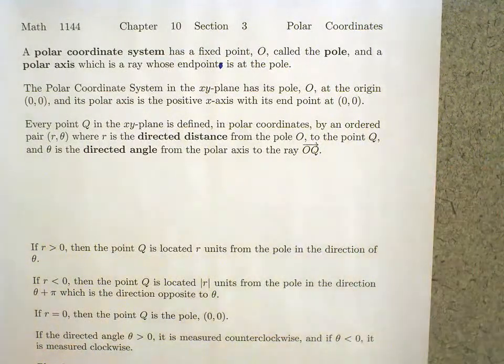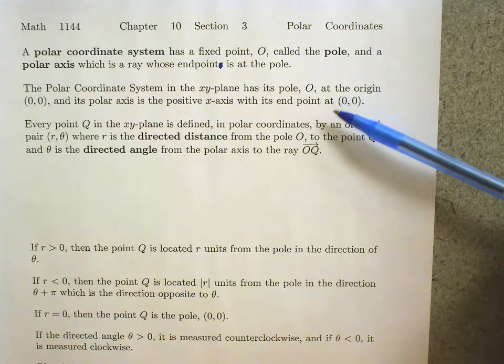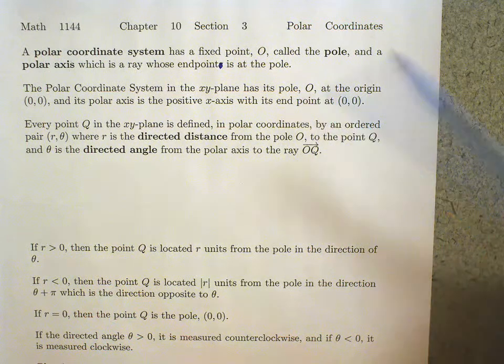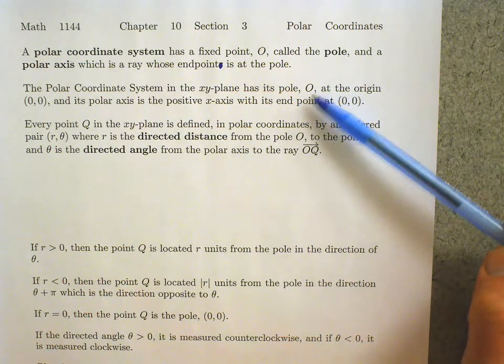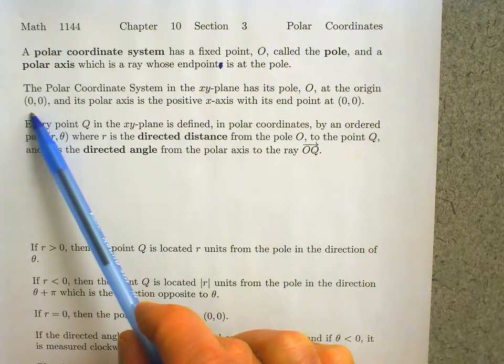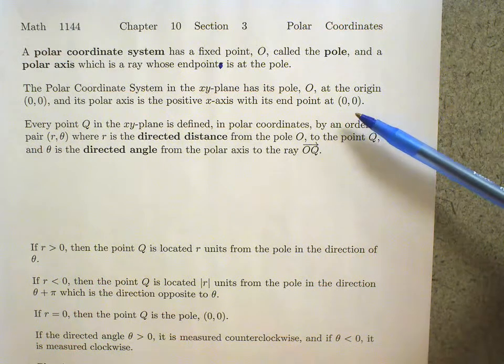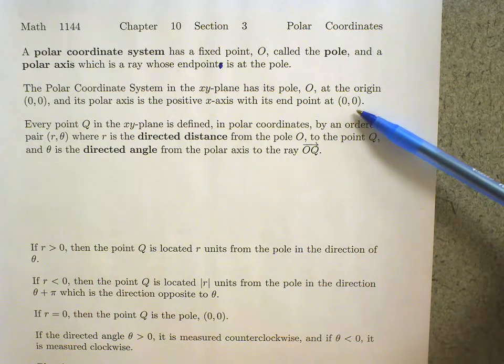The polar coordinate system in the xy plane has its pole, capital O, at the origin. Capital O represents the word origin, but the origin in the xy plane is the point 0, 0, and its polar axis is the positive x-axis with its endpoint at 0, 0.